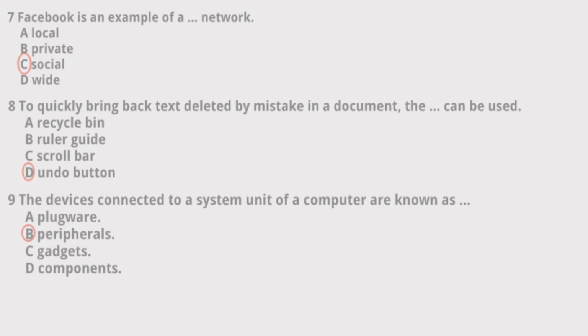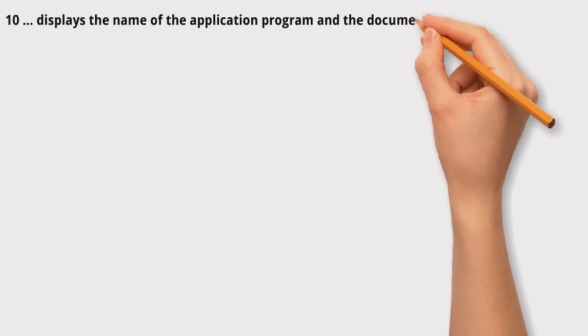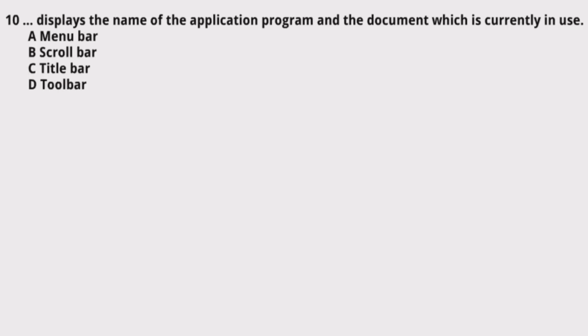Okay, we come to question number 10, which is dash displays the name of the application program and the document which is currently in use. A, menu button. B, scroll button.